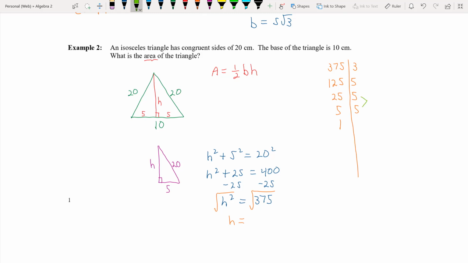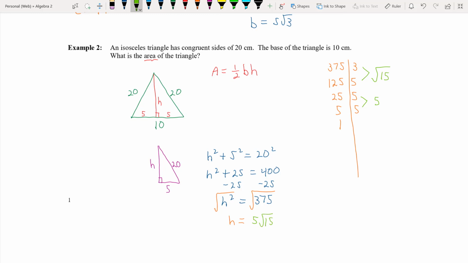Remember, 5 times 5 is 25. That's a perfect square. So those two 5s get to come out of the root. The 3 and the 5 have to go back in the root. They don't have anybody to pair up with, and that's going to be 15. So H is actually going to be 5 square root 15.